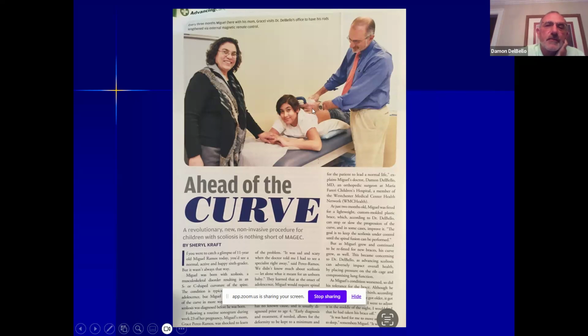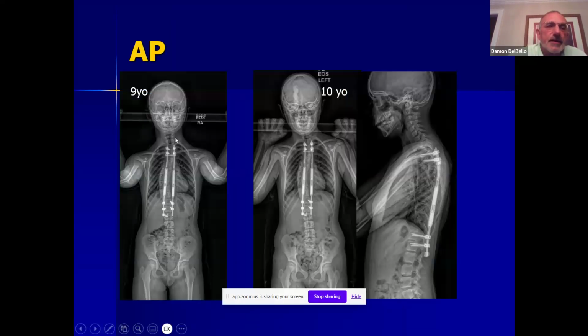We do this every 3 months in the office. It takes a good 30 seconds or a minute, and we can get several millimeters of distraction, and it doesn't hurt the patient at all. And here is this young man, and if we look at the opening here in the middle, it expands and expands.